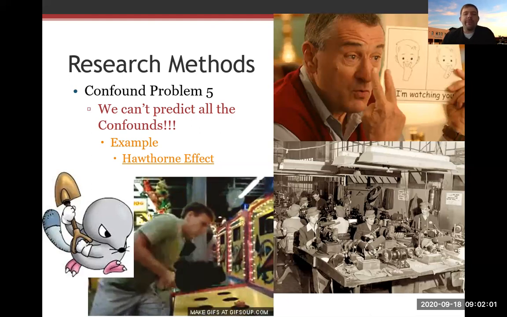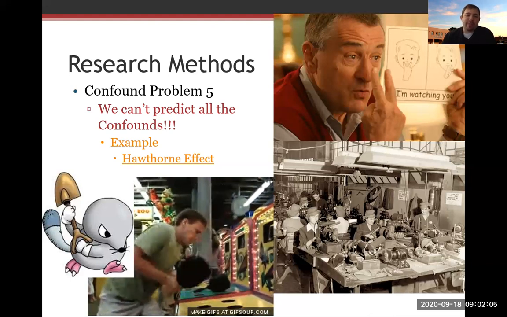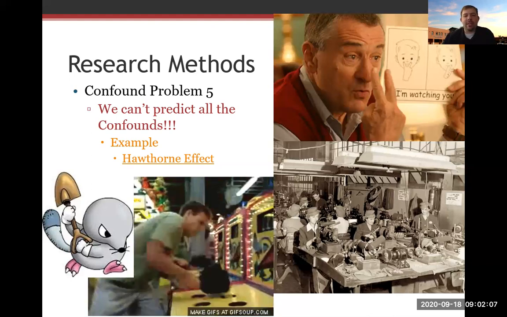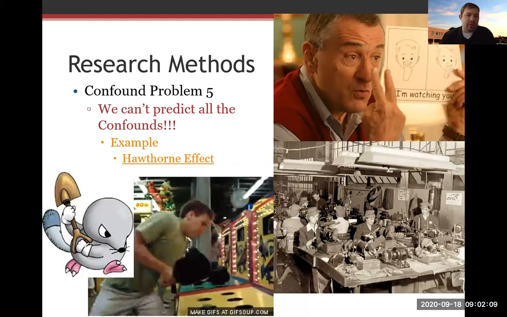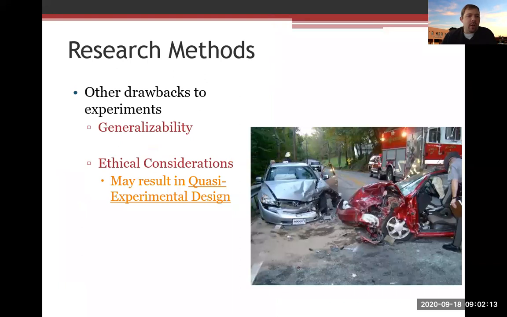So those are our big five confound problems and how to control them as best as we can. Of course, some of them are real easy to control. Some of them are a lot more difficult. There are a couple other components when we talk about experiments. We know the big draw of having an experiment is that we can infer cause. We can have some data that directly tells us this thing causes something else.